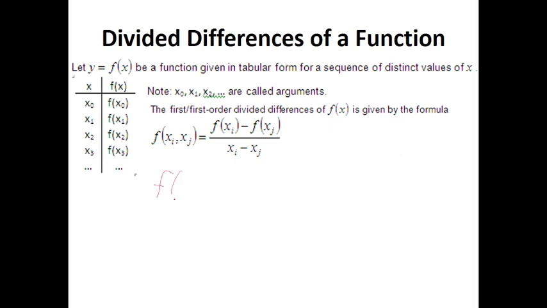So for example, if i is 0 and j is 1, this will now be the formula: f of x sub 0 minus f of x sub 1 all over x sub 0 minus x sub 1.